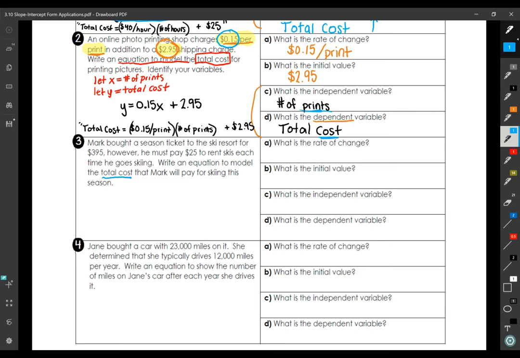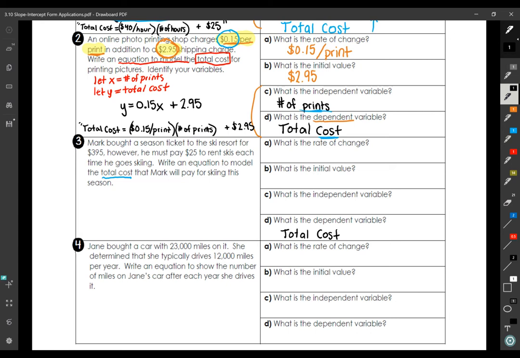So again, this makes our life kind of easy, but the dependent variable is again total cost, because that's what we want our equation to represent, right? We want that to be our Y, our isolated variable. Now for our independent variable, we have to figure out what would affect the cost.